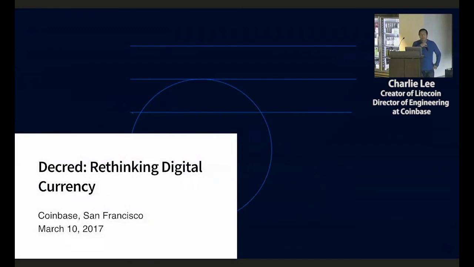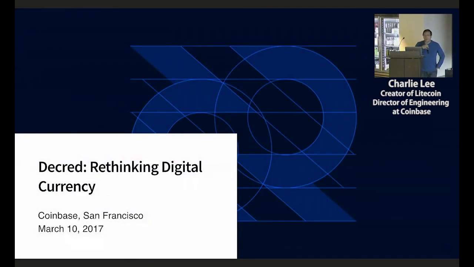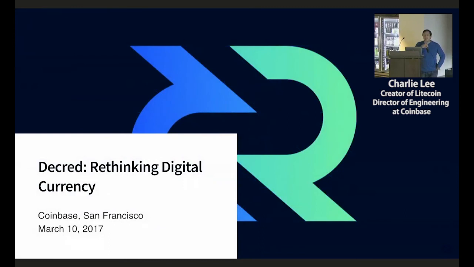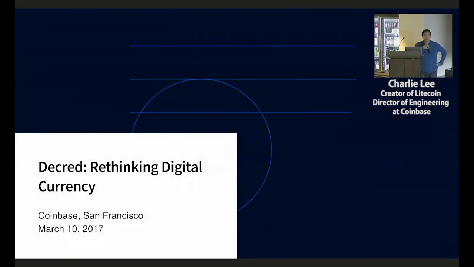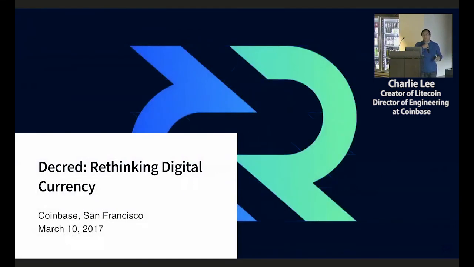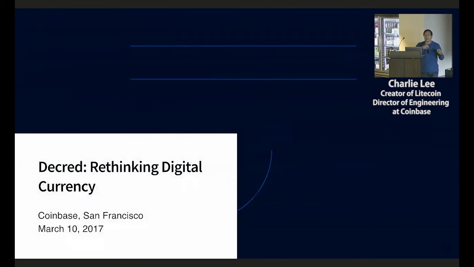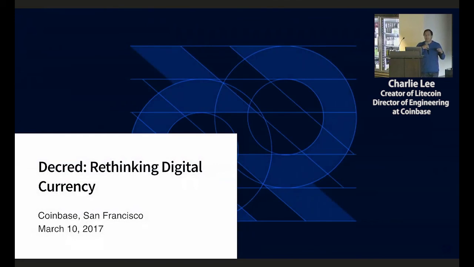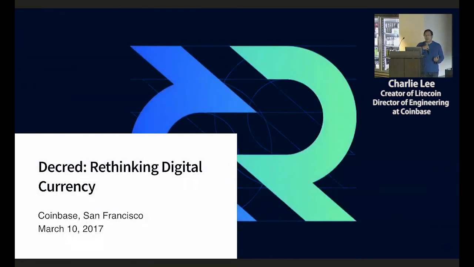So about 5 years ago, I wrote a proposal called Proof of Activity. It was a little twist on proof of stake with proof of work, where for every block that's mined, one random person is chosen to be the signer of that block, and he has to spend that transaction, and he gets paid a little bit of money, but that spend will actually sign the block.